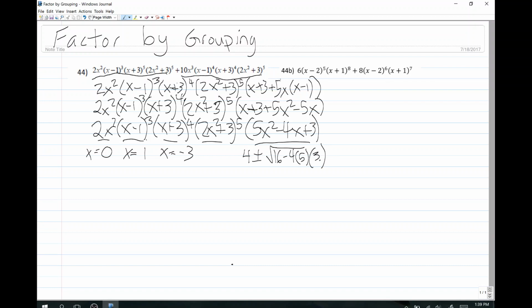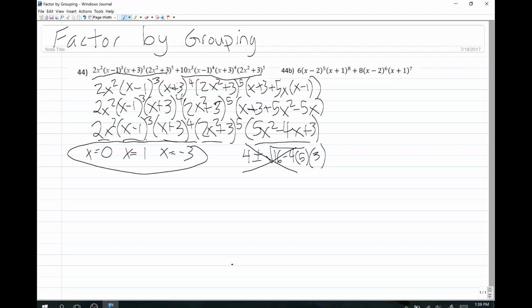Oh, that's a problem. I don't even need the over 2a because I can look at this and say, hey, 16 minus 60, that's negative. So square root of negative, no good, no real root there. And we're done. Those are the only spots where this is 0. So that's where this comes in handy.